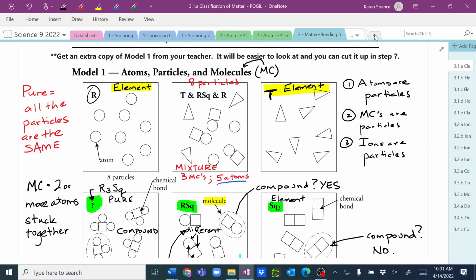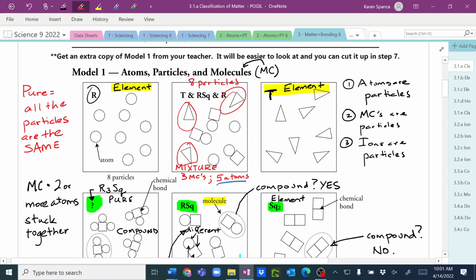Okay. Now, one thing I'm going to say, and this is exactly why I would never give you this one on a test, because it is such a small sample. It might look like you have kind of a clump, but the triangles are not clumped together, right?